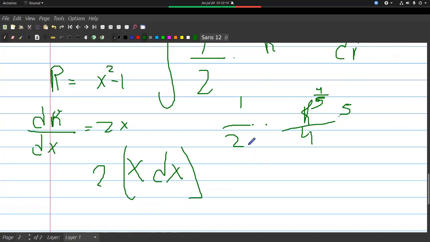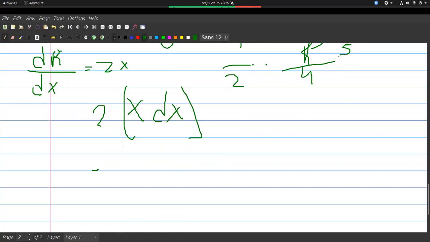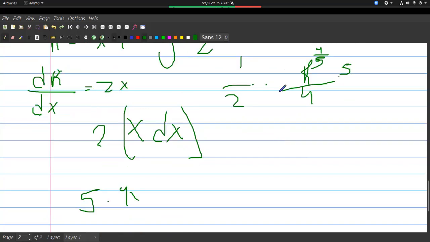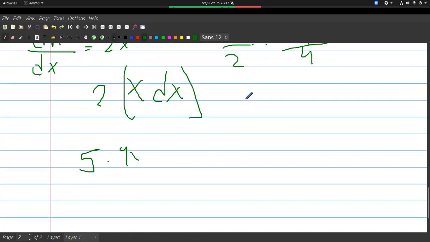Okay, so it's going to be 2 times 4 is 8, and 5 times... Oof, this is complicated. It's going to be r to the 4 over 5, divided by 8. 2 times 4 is 8, and multiplied by 5.